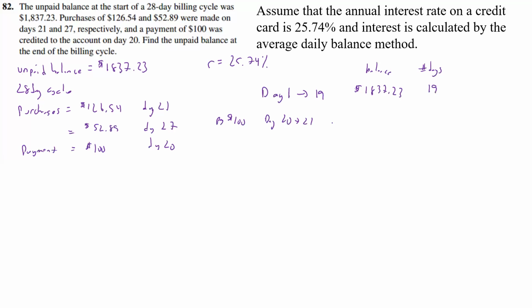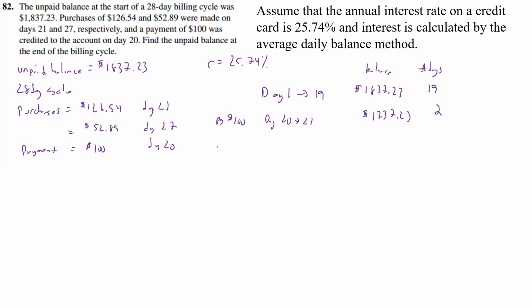If we subtract off 100, we get $1,737.23. So that's days 20 and 21. Even though the payment is on day 20, usually it credits the next day. So there are 2 days here that it was paid down a little bit.